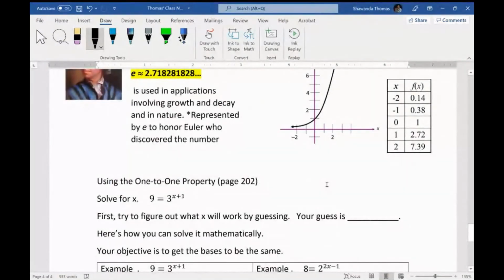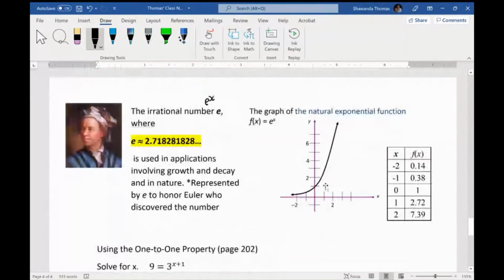I want you to locate the e to the x on your calculator. You might need to find the LN button, that's called the natural log. If you find the LN button, you should see the e to the x above that button.